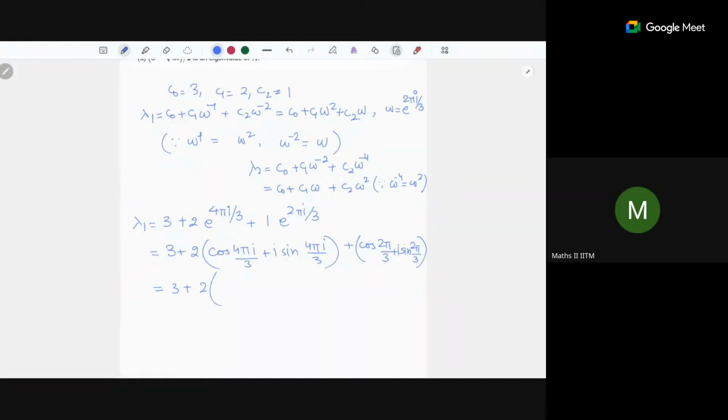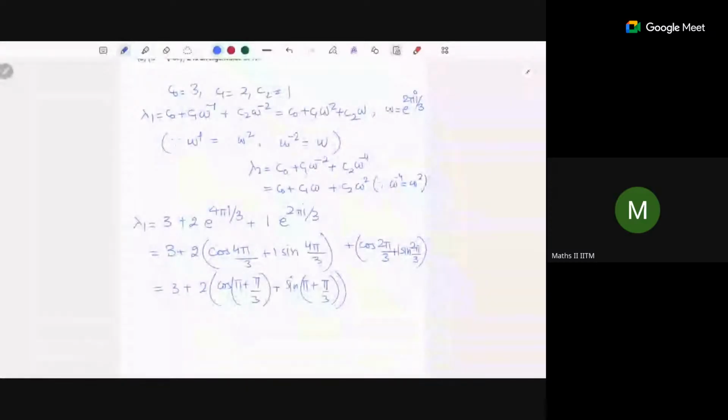You can break this into cos pi plus pi by 3 and sine pi plus pi by 3. So what is cos pi plus pi by 3?